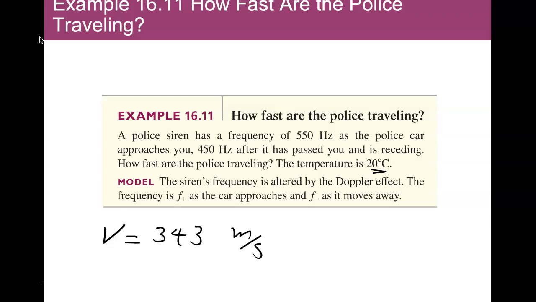When it's approaching you, you hear a higher frequency, and when it passes and is receding, there's a smaller frequency. The question is, how fast are the police traveling? The problem gives you the temperature, so there's something you should look up. The speed of sound in air at 20 degrees centigrade you can assume is 343 meters per second. So the temperature is basically just determining the speed of sound.